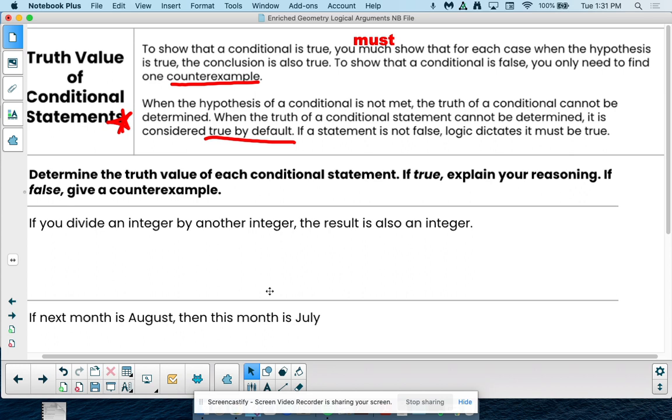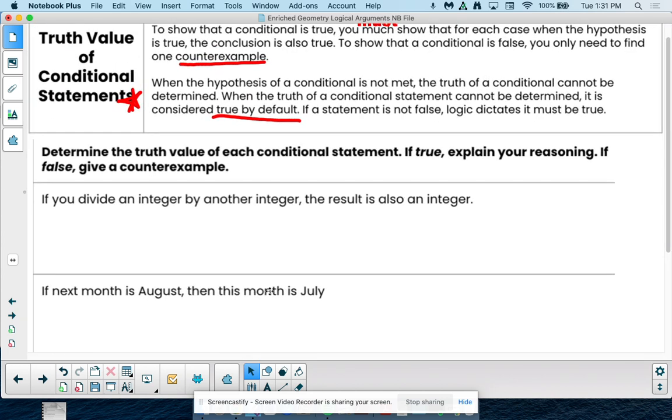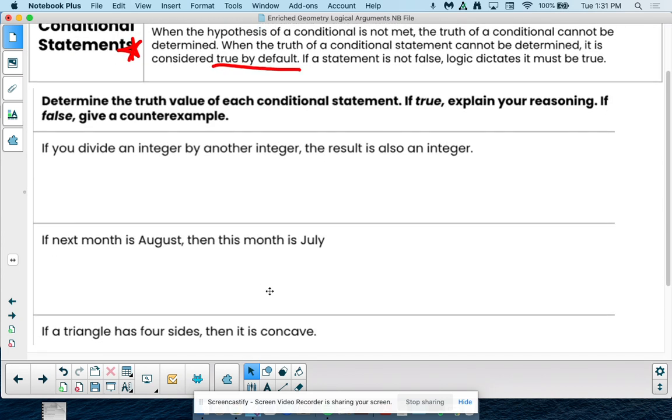All right, let's try it. If you divide an integer by another integer, the result is also an integer. Is that true or false? You guys know what an integer is? It's a number. What kind of a number? Any whole number, positive or negative.